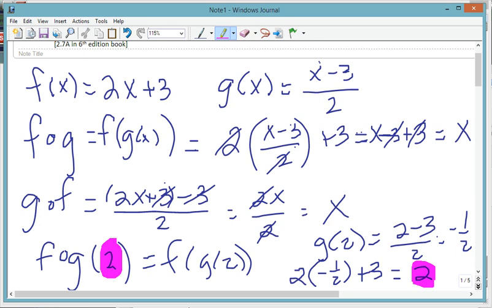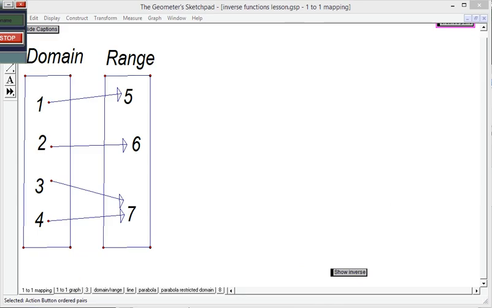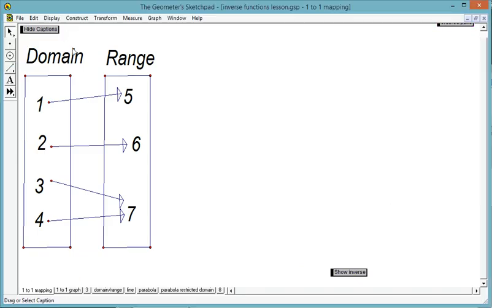But what we want to look at is what kind of a function would have an inverse function. So here's just a really basic function, right? So here's our domain and here's our range. In order for us to do an inverse function, it would have to undo everything, right? So since 1 is mapped to 5, when I put 5 in, I'd have to get a 1 back out, right?